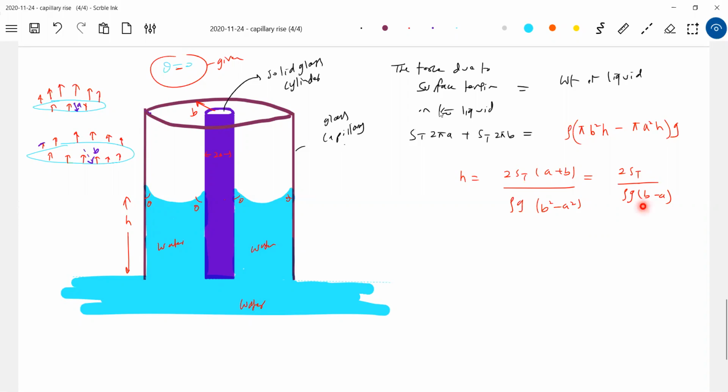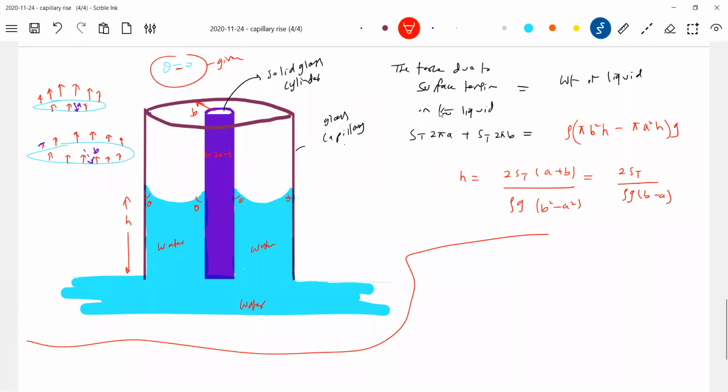Now, instead of this cylindrical glass cylinder, if I bring a rectangular cross section, what changes are you going to make? I'll leave it to the student. I'll give a small diagram, you should work it out. Now look at the cylinder.